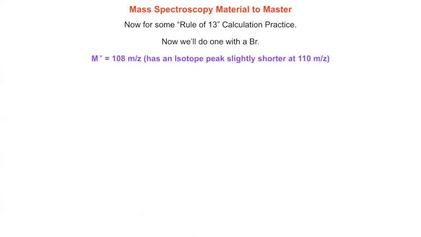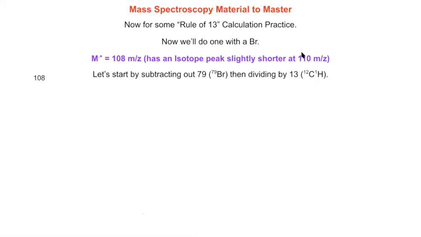So here we go. If we have a molecular ion of 108 and it has an isotope peak that's slightly shorter at 110, that tells you, oh, it looks like we got a bromine, because bromine 79 isotope is about 51% abundant, and bromine 81, its other isotope, is about 49% abundant. So that gives you the 110.